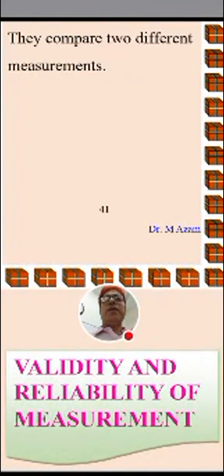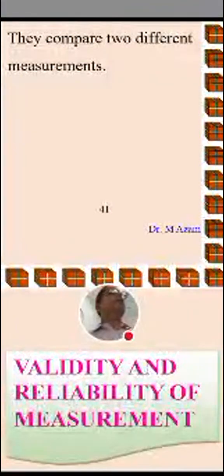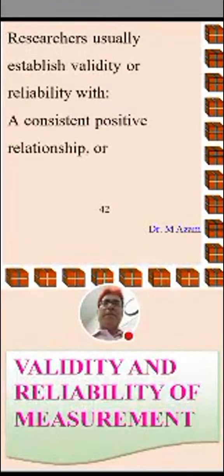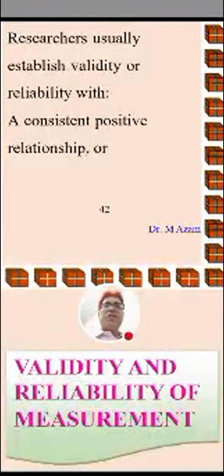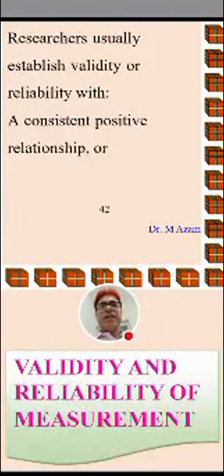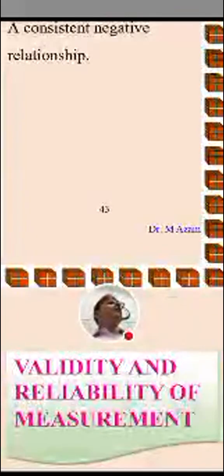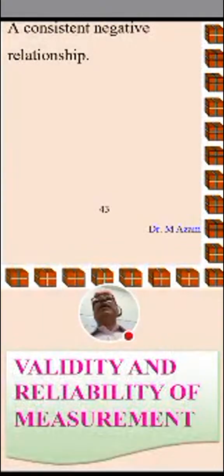They compare two different measures. Researchers usually establish validity or reliability with a consistent positive relationship or a consistent negative relationship. Whether the relationship is positive or negative, they should be consistent.